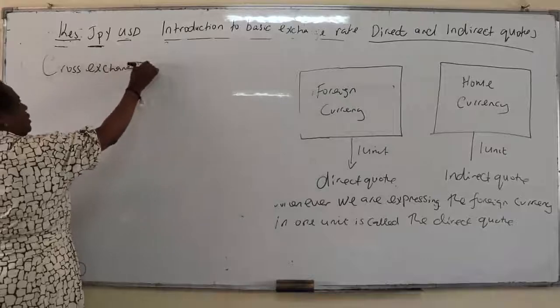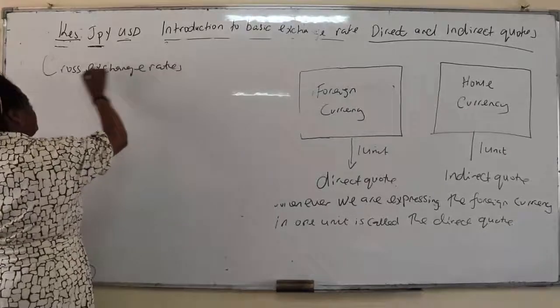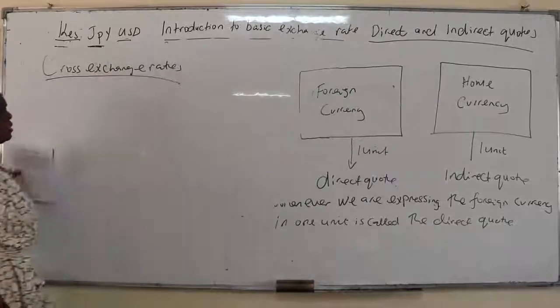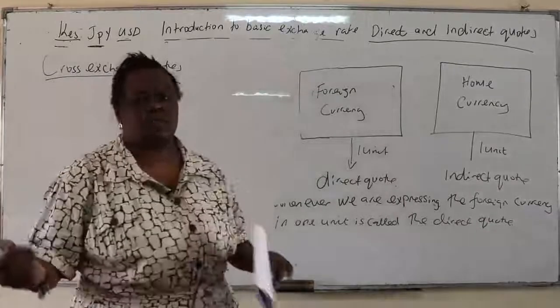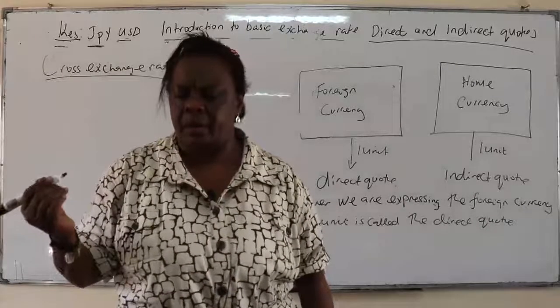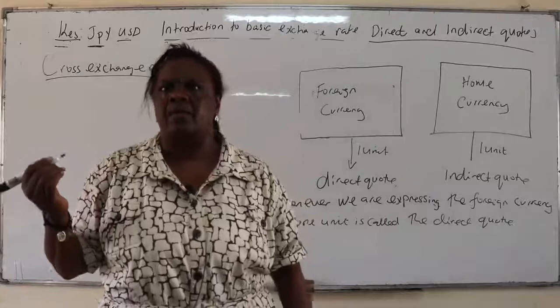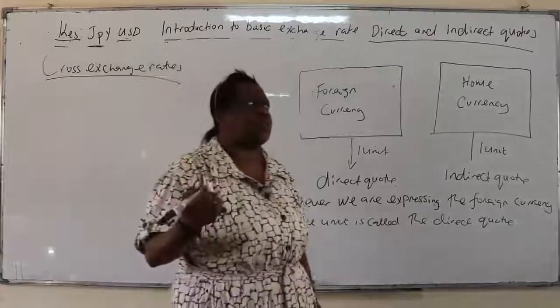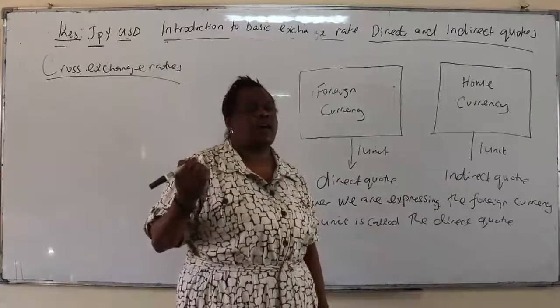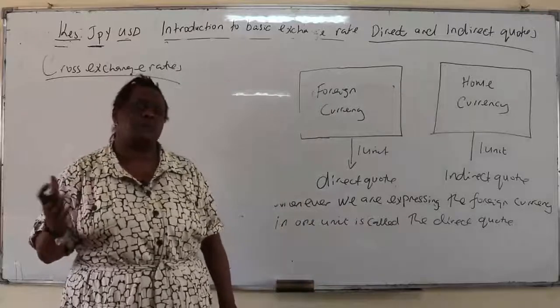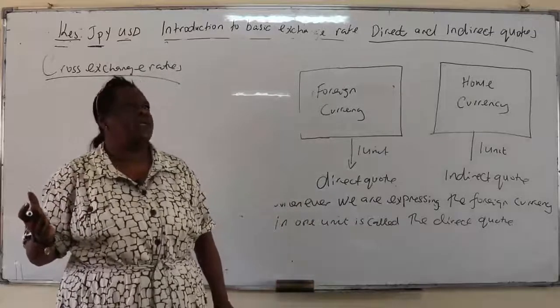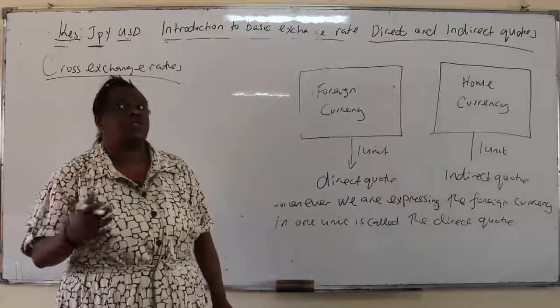Usually cross exchange rates occur because the currency that we want to get the value of is not traded much, so it is not actually quoted or not fully traded.